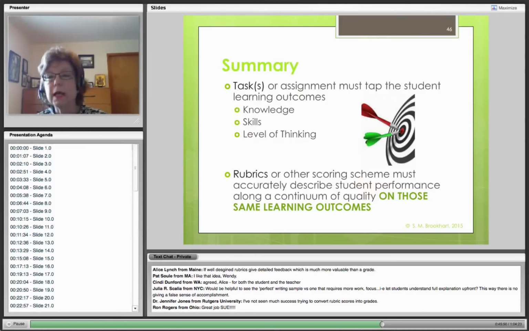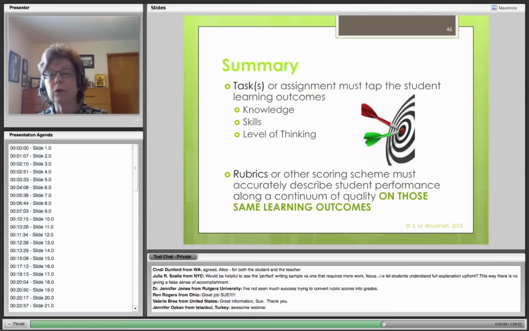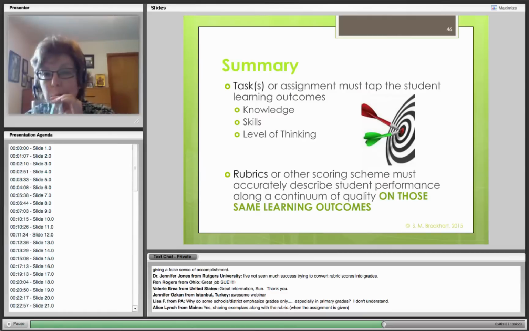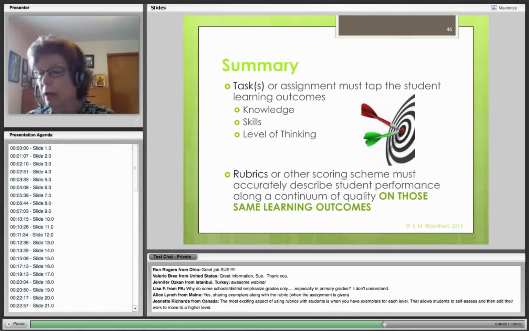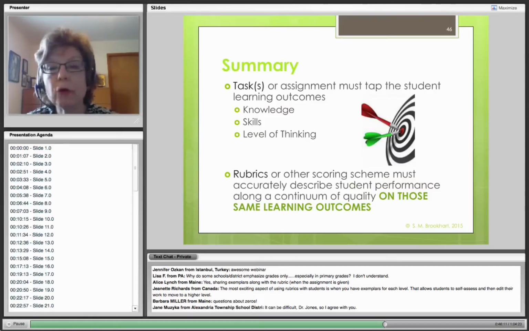Here's a question. It says, do you think rubrics should be used to convert the data into a single number or letter grade? If your rubrics are on summative assessments, like a project that counts, you're going to have to combine it with other data into a report card grade.